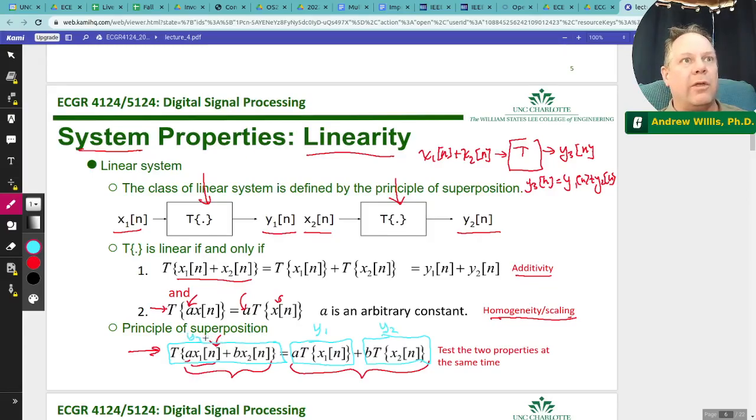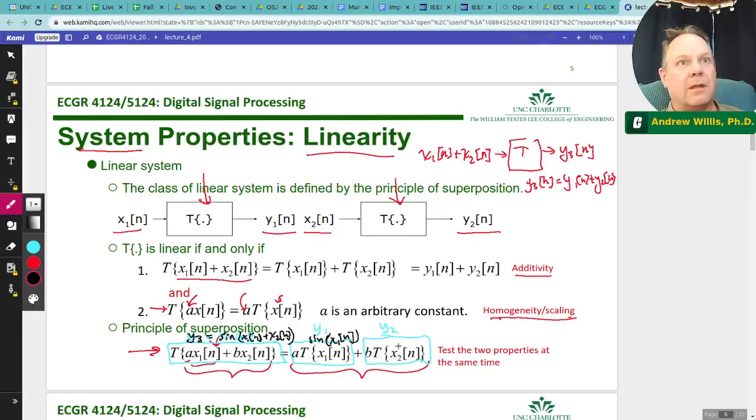So in this case, this would equal sine of x1 of n. y3 is equal to sine of x1 of n plus x2 of n, right? This here is y1, so this term is sine of x1 of n.